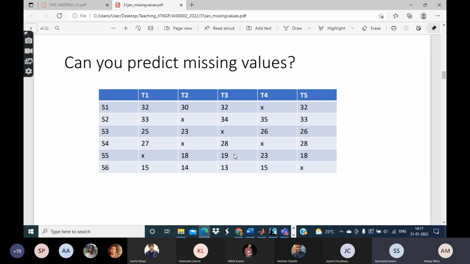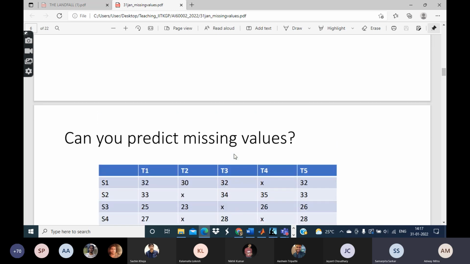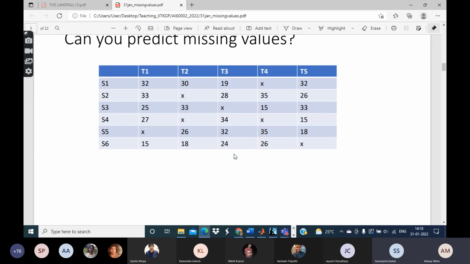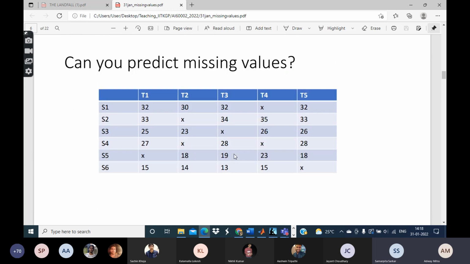If you look at the current matrix, although it may look similar, there are subtle differences between this matrix and this matrix. So by looking at this matrix, can anyone identify some kind of structure which may help in predicting the values of these missing variables?